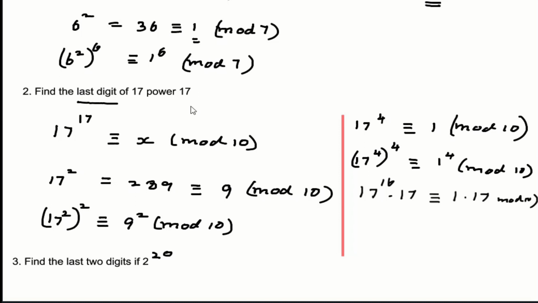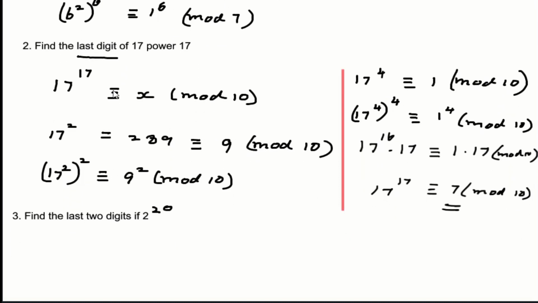So 1 into 17 is 17. 17 when divided by 10 gives 7 as the remainder. So 17 power 17 is congruent to 7 mod 10. That is the answer. The last digit is 7.